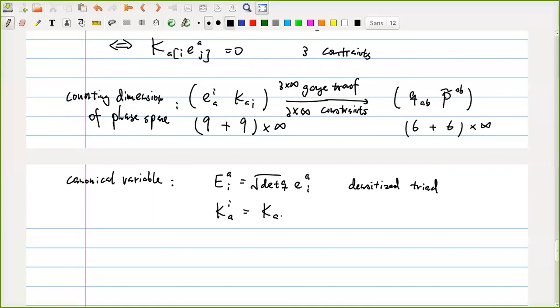And the conjugate variable is K^i_a. It's just K with the index raised, which is free for this i because you raise it using delta. So you can raise and lower ij indices without care. What we call this is the extrinsic curvature, although these are somehow the components of the extrinsic curvature.